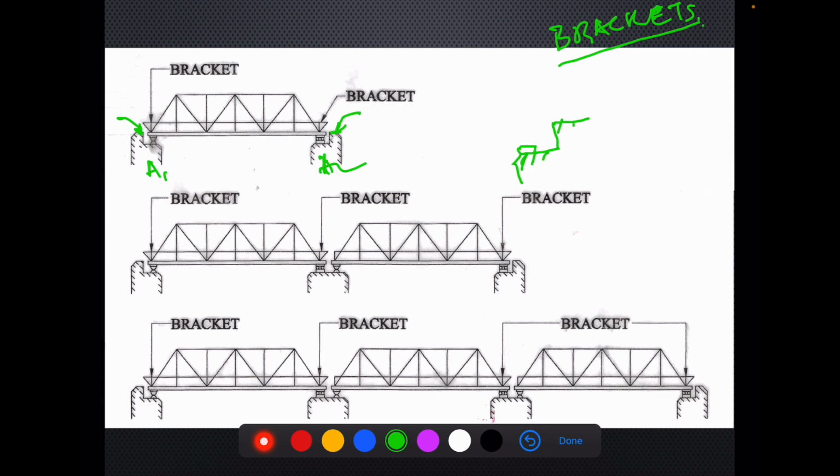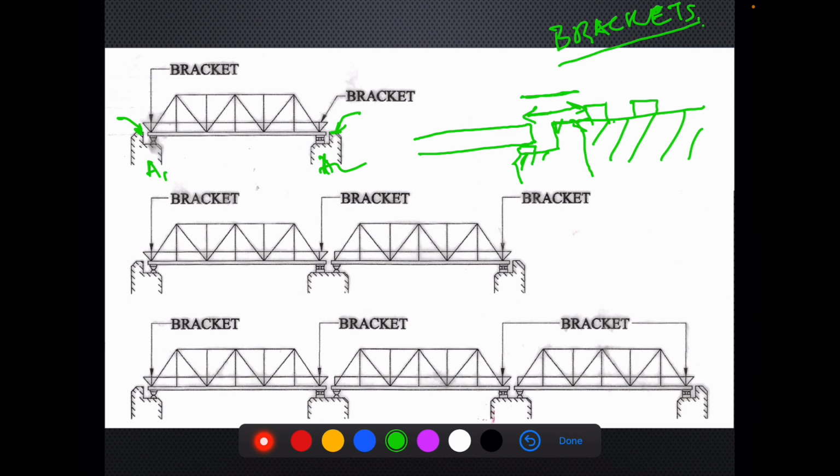Over the pedestal, we have bearing and this open web girder. There is a gap because after this abutment wall, there is plain track over earthen embankment, and the next sleeper is far away. So the rail will be unsupported from the end of open web girder up to the next sleeper, which is available on the existing track away from the bridge.